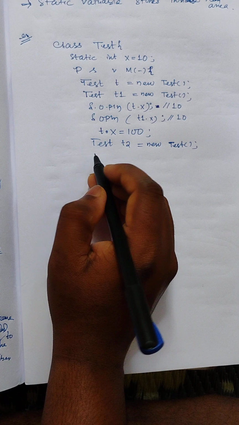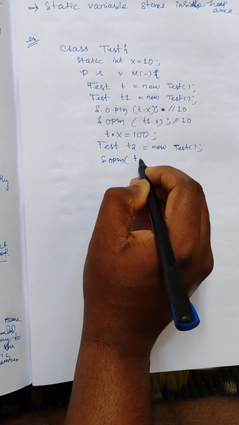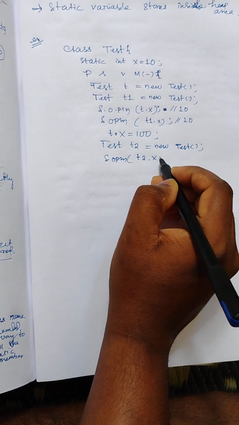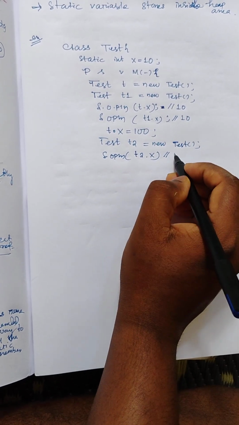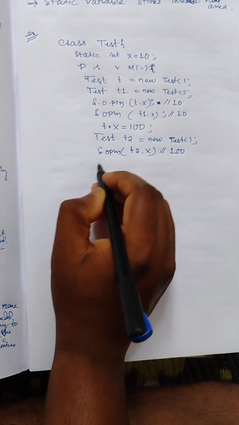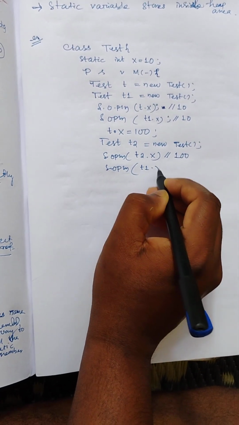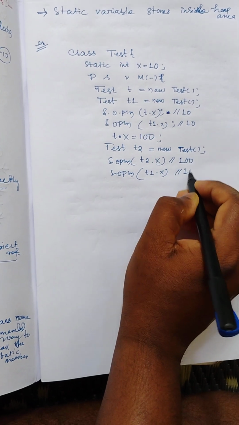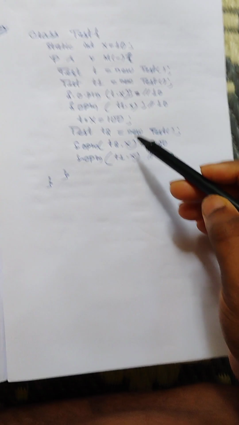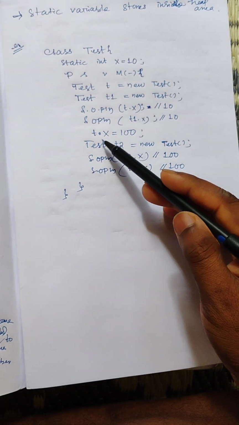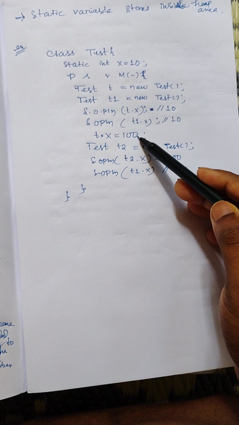Now I will print t2.x. What do you think? The output will be 100. So I print t1.x. The output is also 100. See, here I changed it through t, for t.x I changed it to 100.